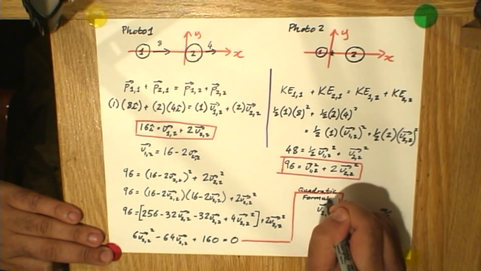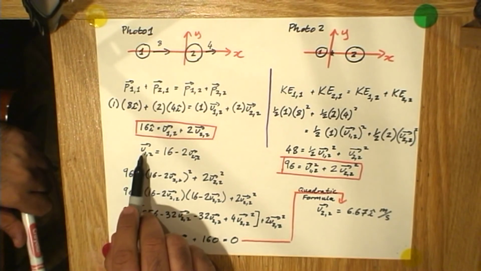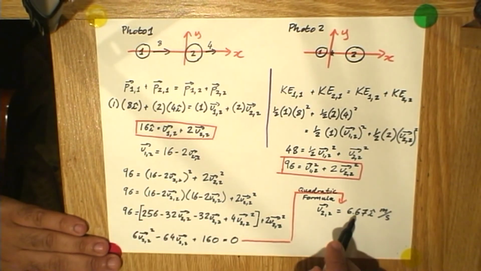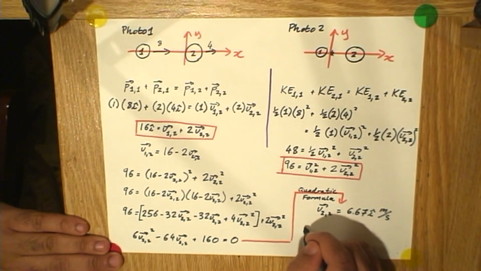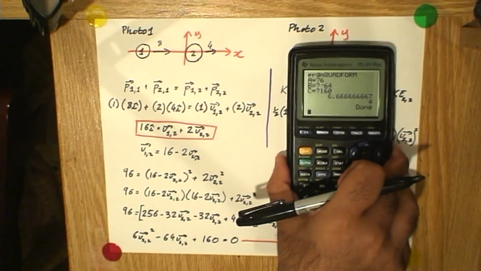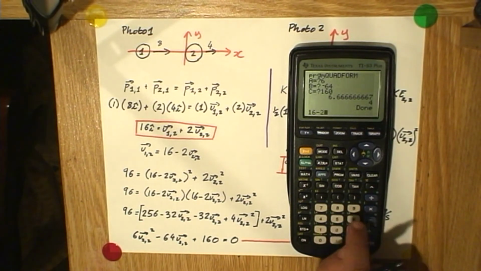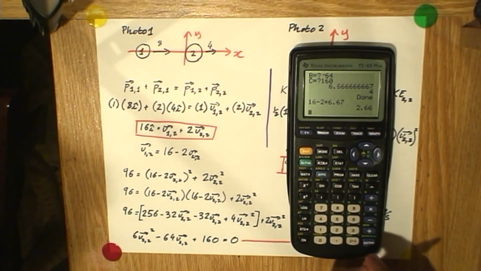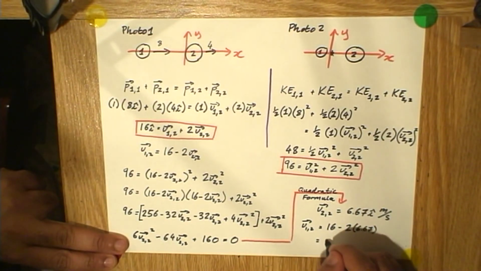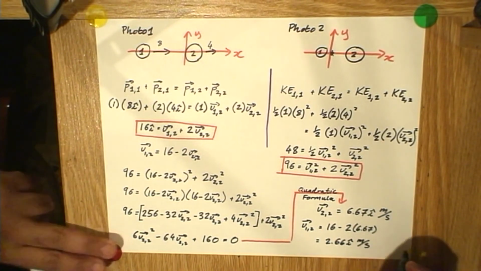And so we now are in a position where we can find out what v1f is as well. v1f equals 16 minus 2 times v2f. So v1f equals 16 minus 2 times 6.67. So 16 minus 2 times 6.67 gives us 2.66. 2.66 i hat meters per second.